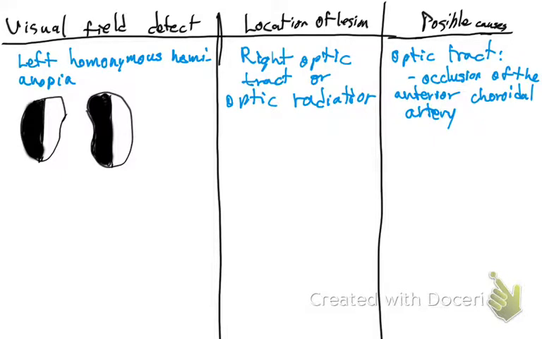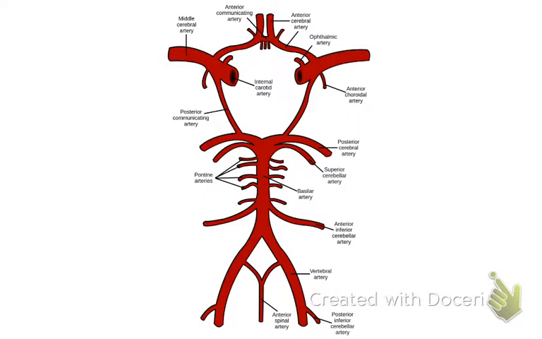So if there is an occlusion of the anterior choroidal artery, it would be a good idea to see what the anterior choroidal artery is. So let's see a picture here. This artery that you can see here is the internal carotid artery, but this internal carotid artery gives you a branch, and this branch that we can see right here is the anterior choroidal artery.